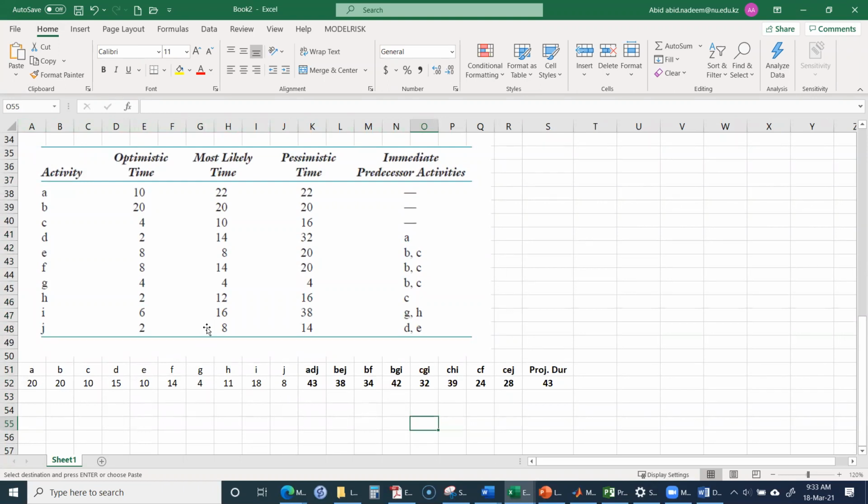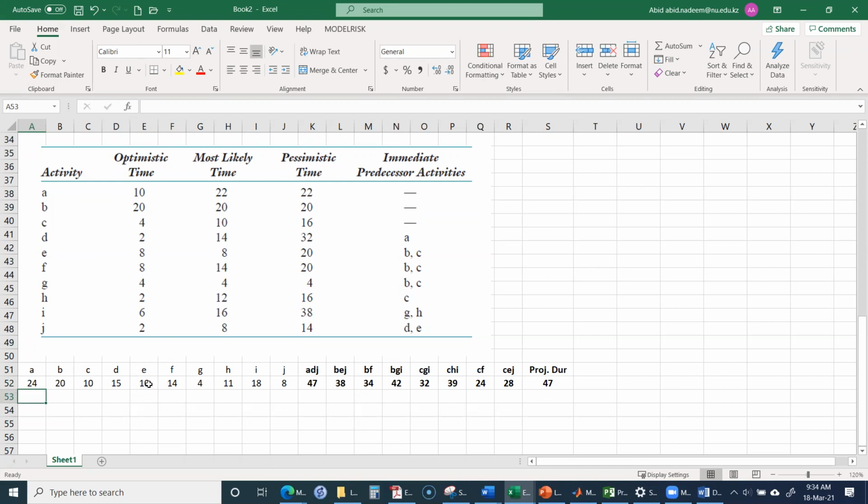So now I want to apply the model risk. In the model risk, I want to provide the distribution for the variation in these activity durations. For example, if it becomes 24, the project duration will become 47.